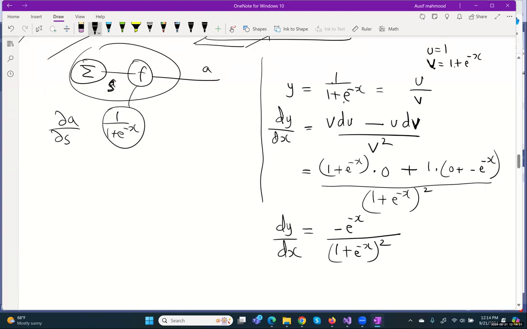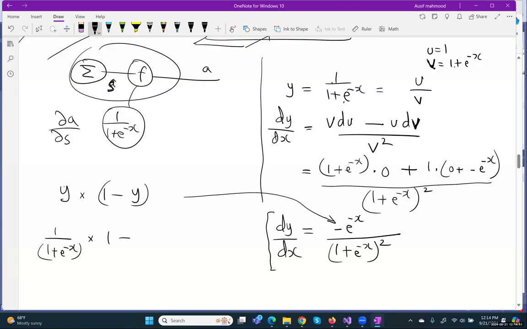Everybody agrees? Okay, so now let me show you, this can be rewritten. If I do y times 1 minus y, I'll get the same answer as this one, okay? Y is 1 over 1 plus e to the minus x multiplied by 1 minus y, 1 over 1 plus e to the minus x, okay?